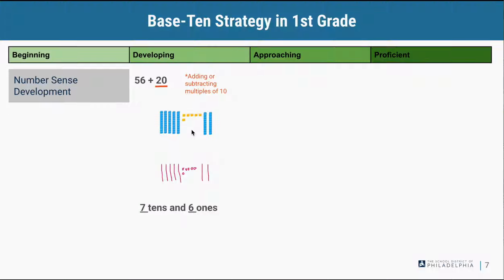So for this example, the sum, or the total number of tens and ones, we have 7 tens represented here and 6 ones. This can be clearly seen in the representations, as students could count the number of 10 rods and the number of ones. Lastly, we want students to represent their sums in a written equation.